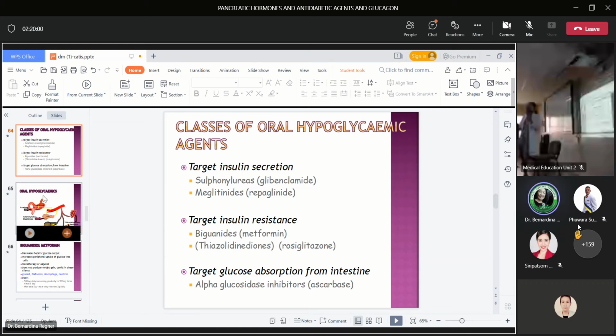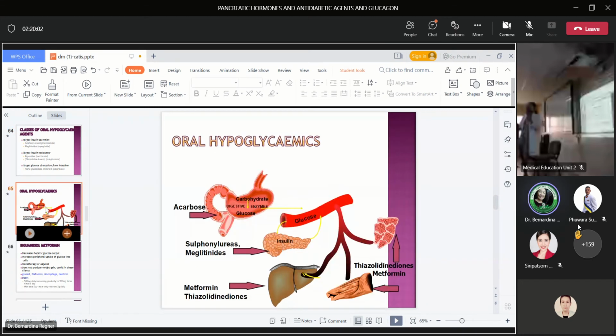Acarbose. So these are now your oral hypoglycemics. You have your acarbose in the gastrointestinal tract that will inhibit absorption of glucose in the GIT. Then you have your sulfonylureas and meglitinides, which are used to enhance insulin secretion.